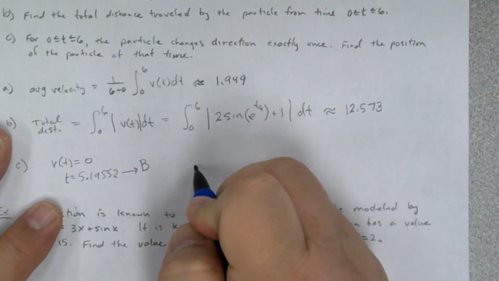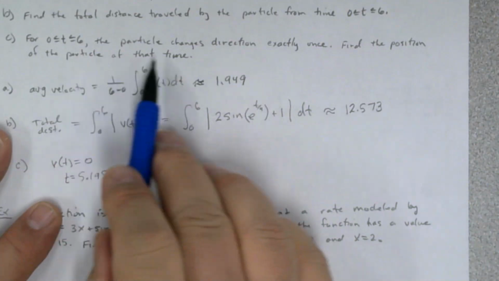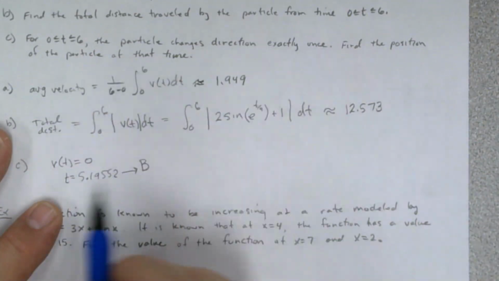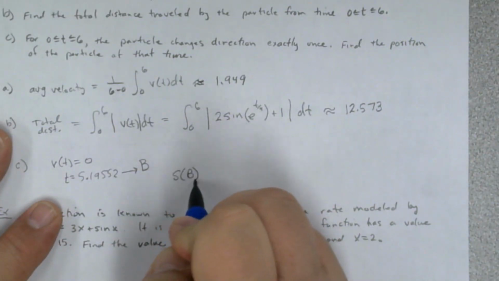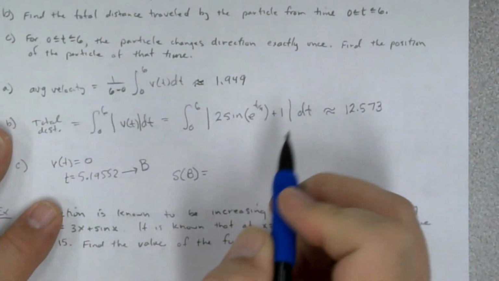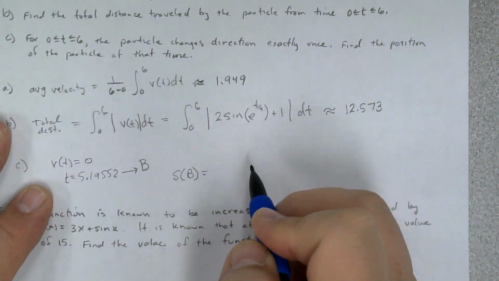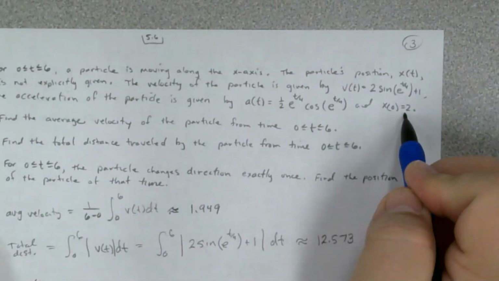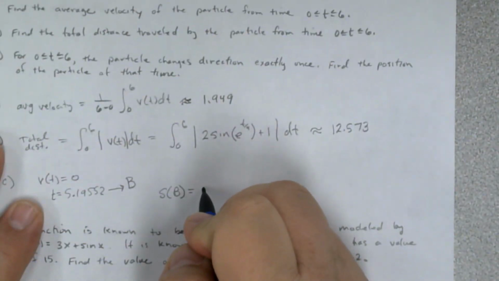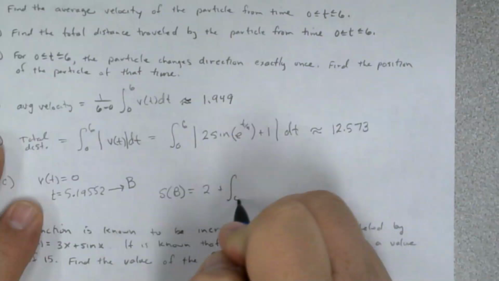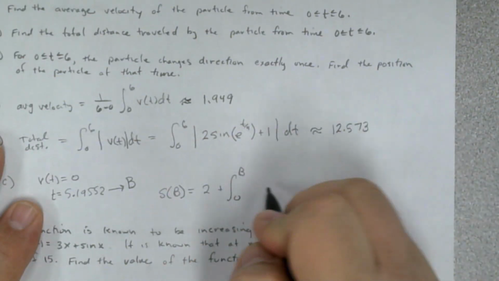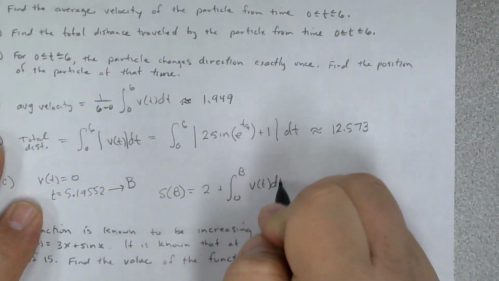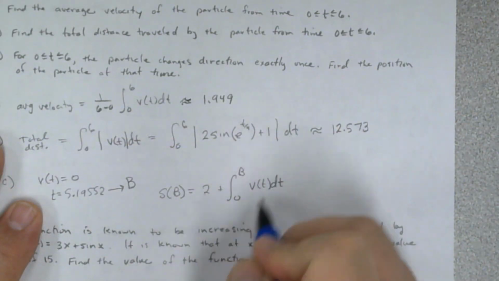So we want to find out the position at that time. Well, the time is B. So the position at B is equal to the starting position, which is 2, plus the integration from 0 to B of the velocity function. That's the displacement: starting position plus displacement.